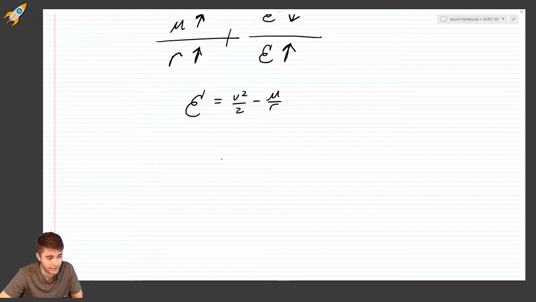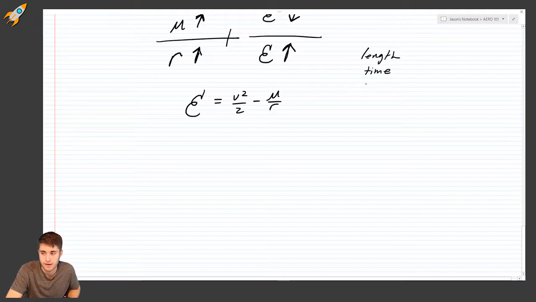No, you can think of it as any way you want. The reason I had broken it down to meters squared per second squared is that joules is not part of the standard SI base system, right? The base system you need length, you need time, and you need mass. And I think you need a few other things, but length would be meters, time would be seconds, and mass would be kilograms, right?